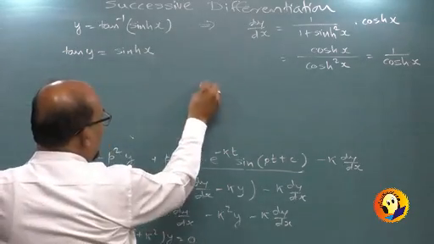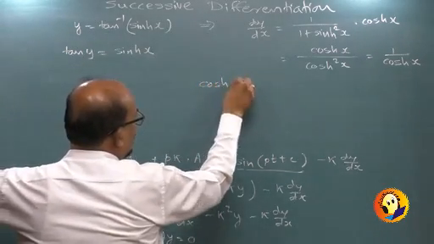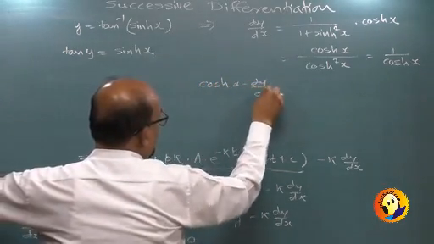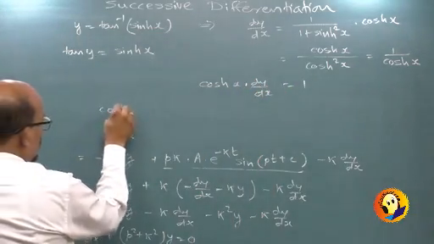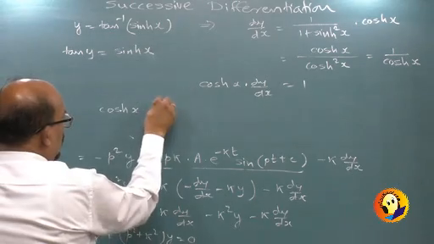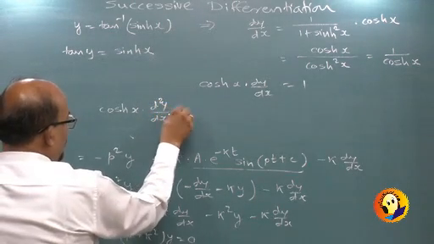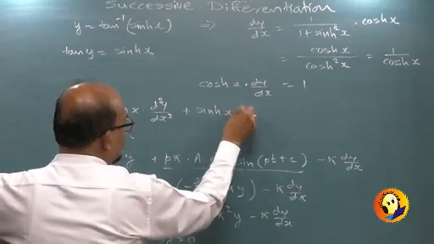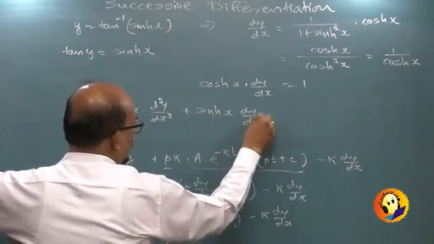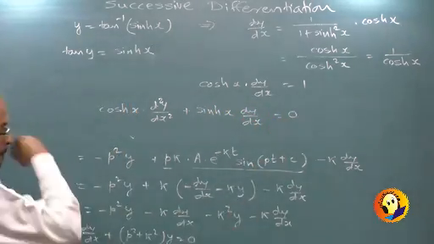Then I can write it as cos x dy by dx equal to 1. And so it is cos x into d2y by dx square plus derivative of cos x, which is sin x, dy by dx equal to 0.